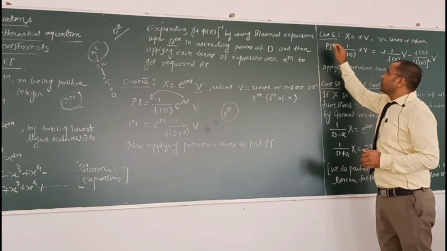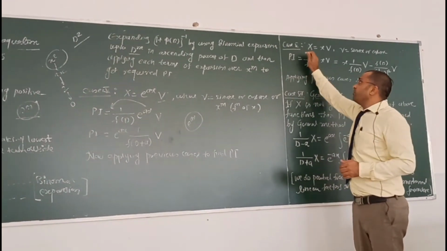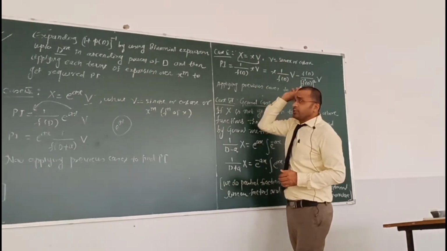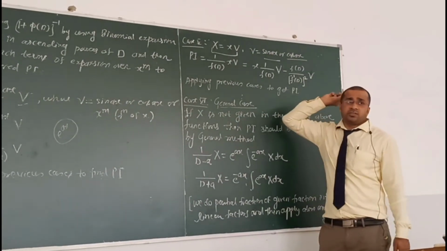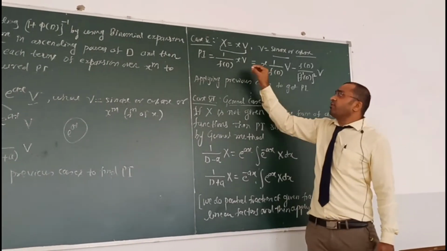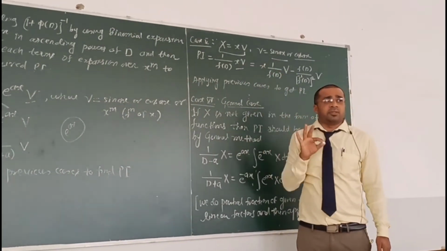Then we move to the next case, the fifth case, when we have x as x into v, and v is strictly a sin x or a cos x. At that time we have a standard formula, just remember that formula.